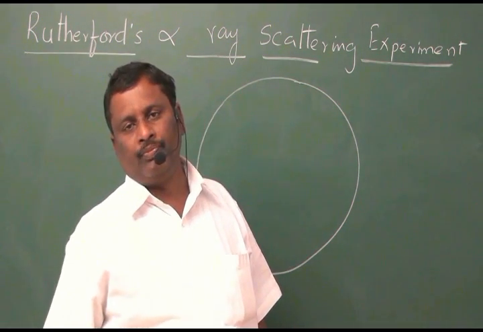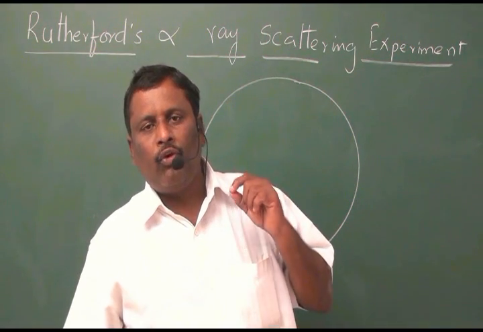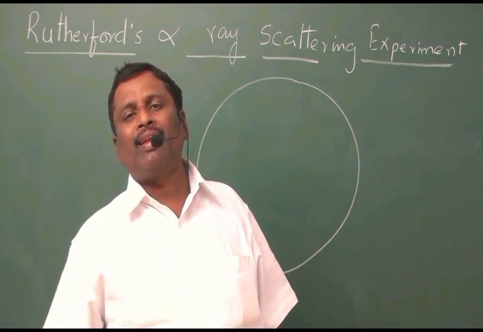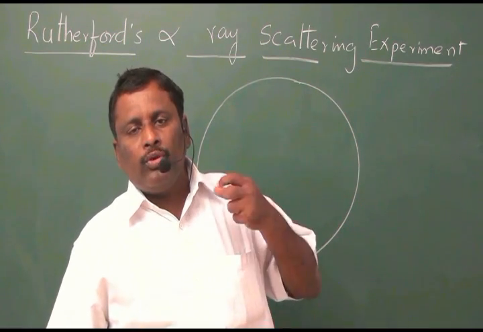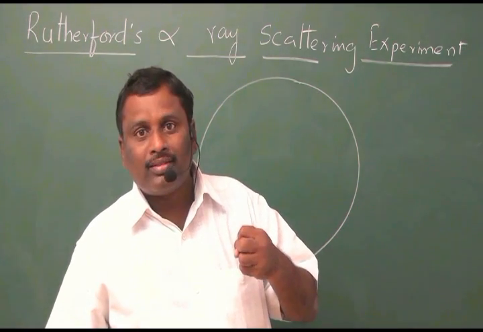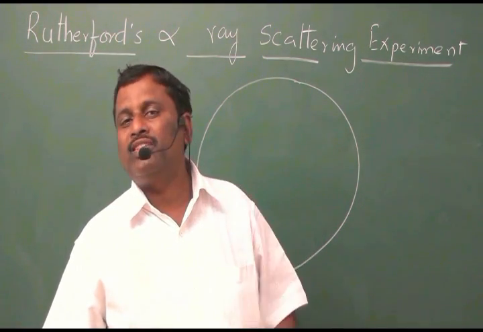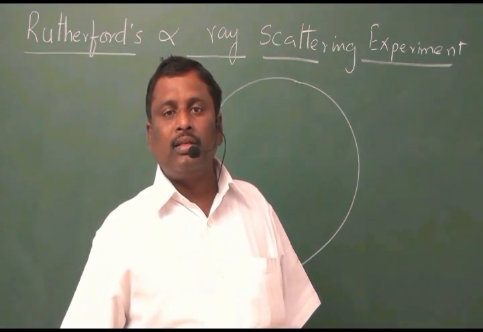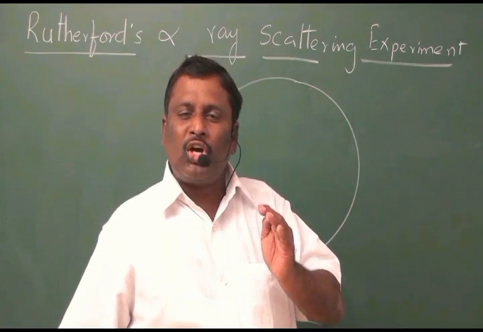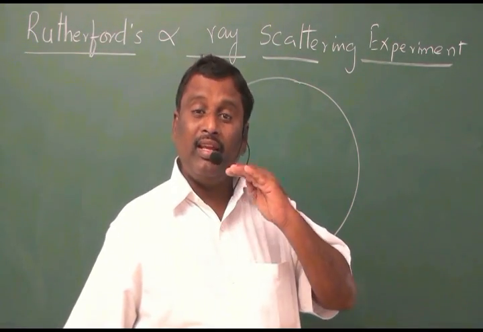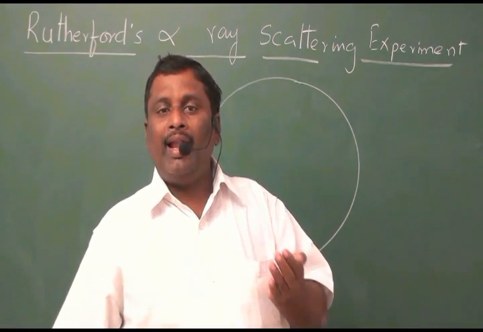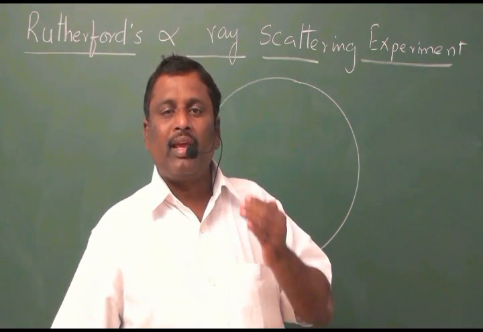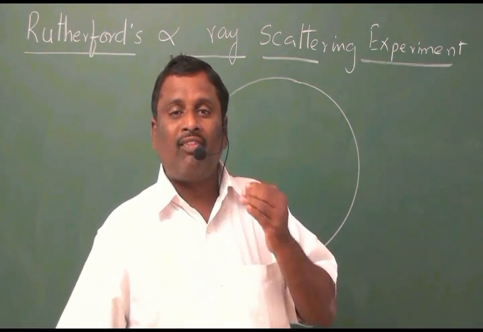An alpha particle has 4 units of mass and 2 units of positive charge. That is a heavy mass, and a 2 units positively charged particle. For repelling, a positive charge more than its charge and a mass more than its mass must come close to the alpha particle.